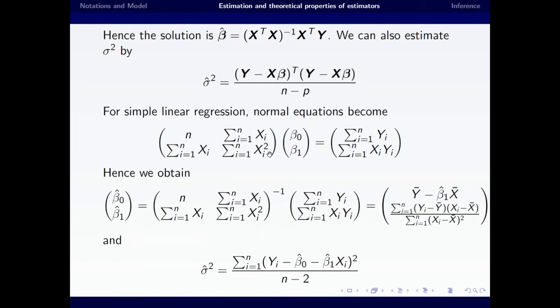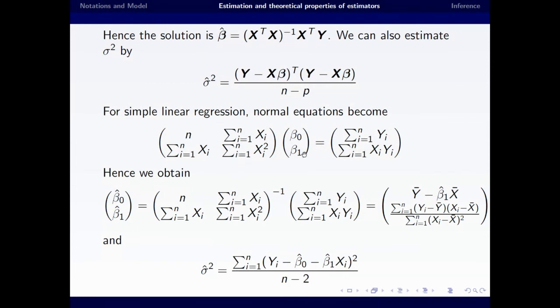So this x transpose x would be 2 by 2, because x, in that case, has a first column of 1s and a second column of the x values. So it's a p by 2 matrix. If you take the transpose of that x, it's going to be a 2 by p matrix, and then doing x transpose x gives the 2 by 2 matrix.